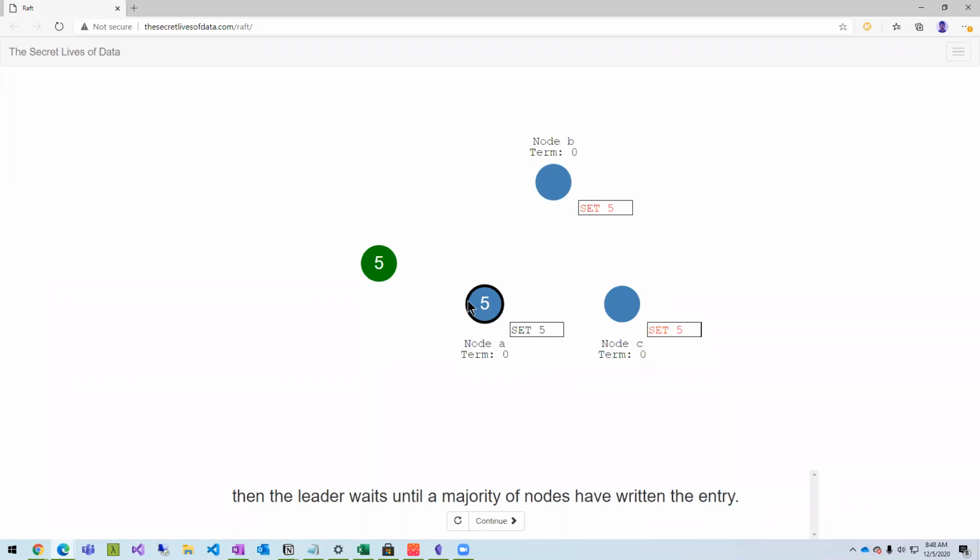Before actually sending success to the client, it has first sent this commit message to both of these nodes, and only after this will it send success. So if these were in uncommitted state, then these values will be purged, because we have not replied yes to the client.